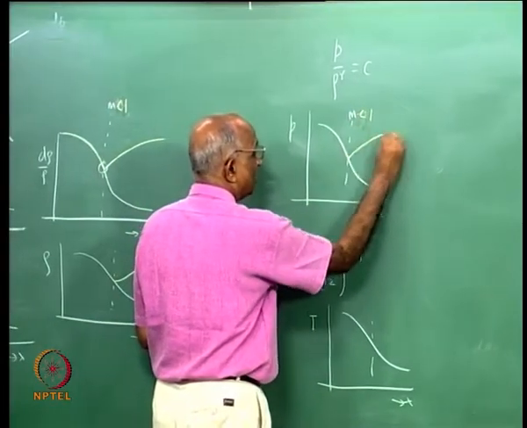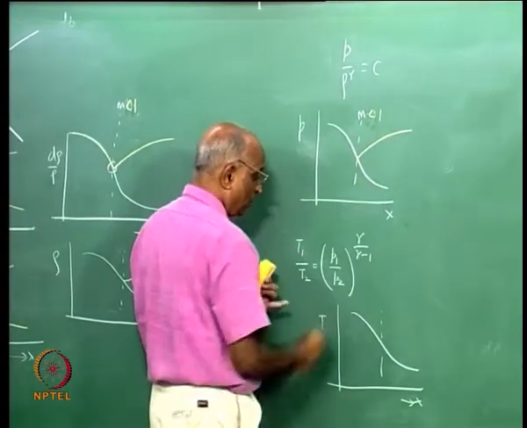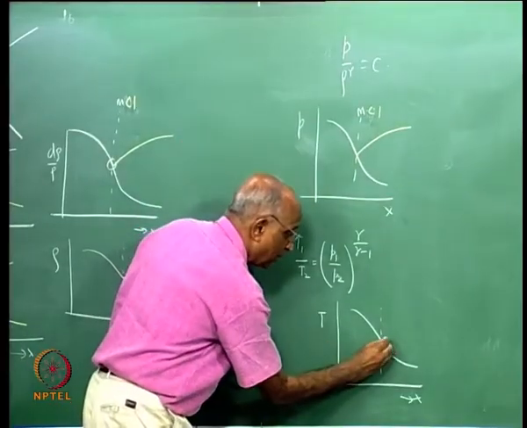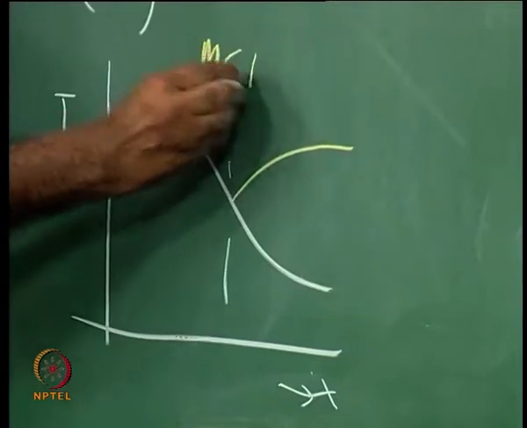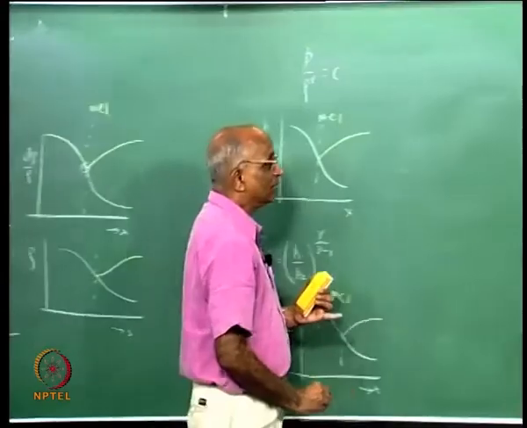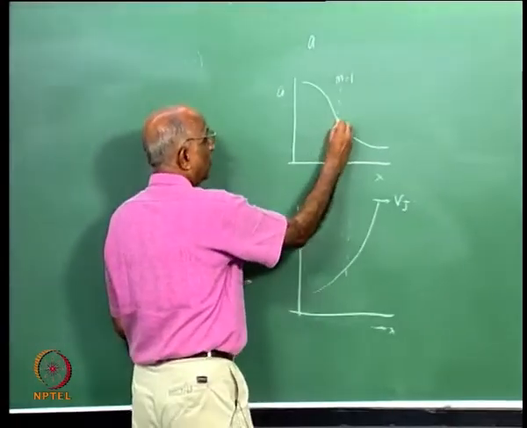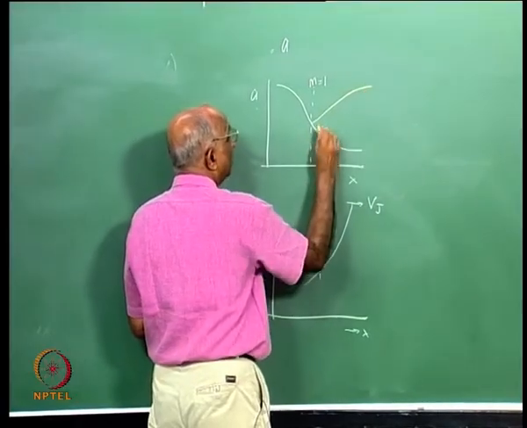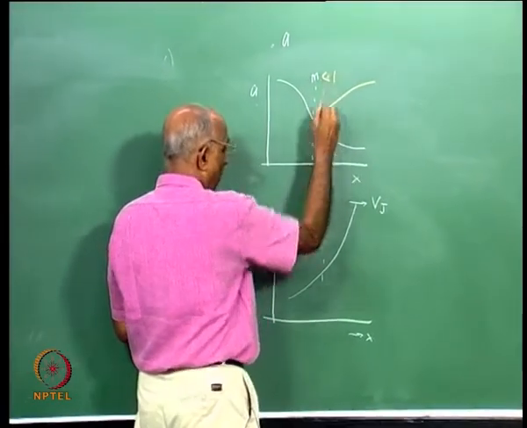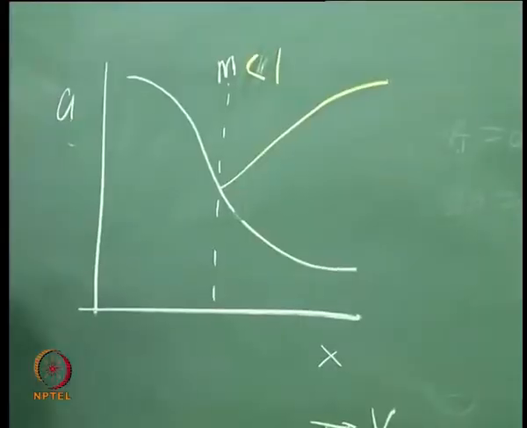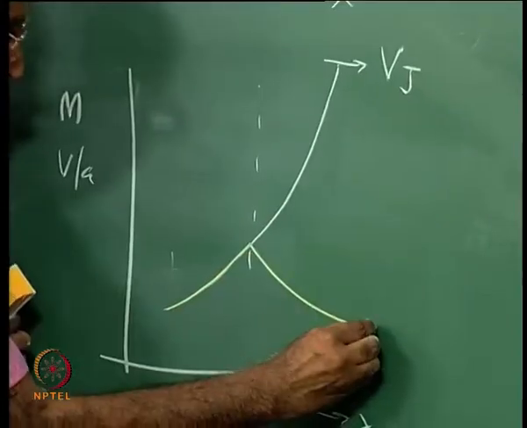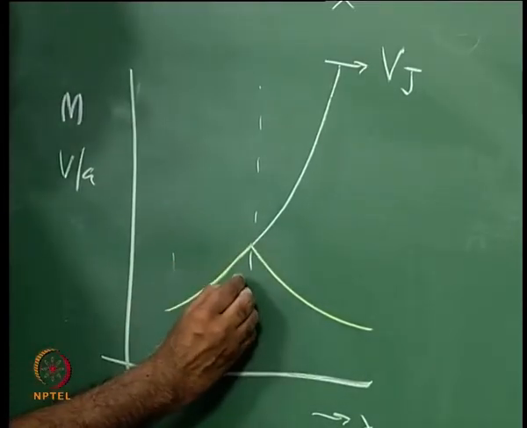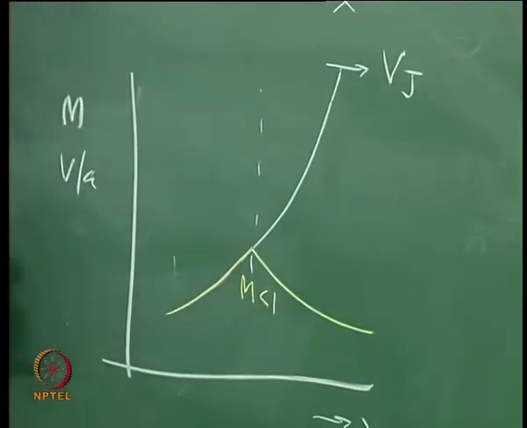The pressure recovers here, instead of falling it recovers over here, temperature recovers over here if the Mach number at the throat is less than 1, and similarly the sound speed falls up to the throat and recovers over here. That means it now becomes less than 1, and therefore I have the same portion here, the Mach number going up to this and coming down over here if the value of Mach number at the throat is less than 1.